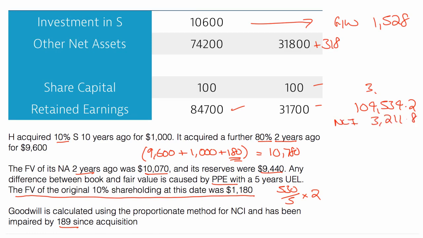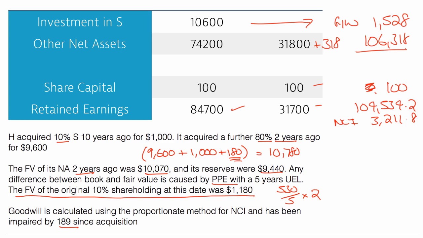Share capital, always just a holding company, and then it's a case of adding across those net assets, so 74,200 plus 31,800 plus 318 comes to 106,318, and then let me check that this all balances.